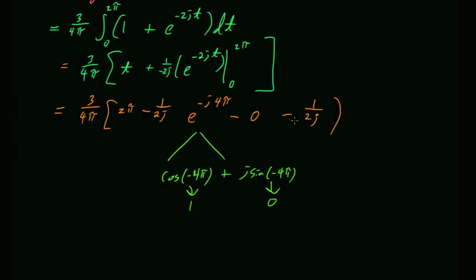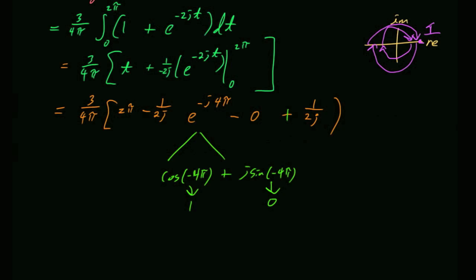Another way to think about this, here's your real and imaginary axis. Remember we talked about this? So I need to go minus 4 pi radians. So here's minus pi radians, minus 2 pi radians, minus 3 pi radians, minus 4 pi radians. What's that number? 1. Get good at that.